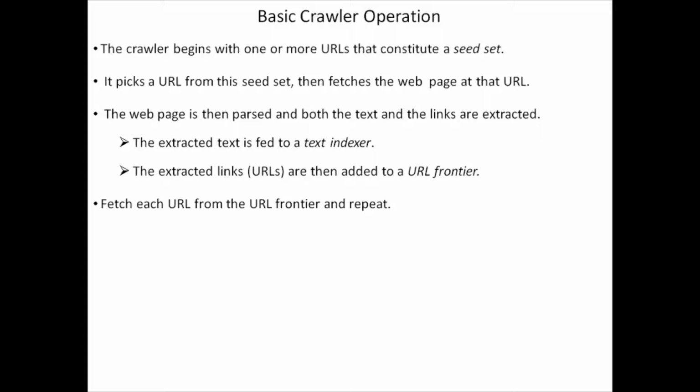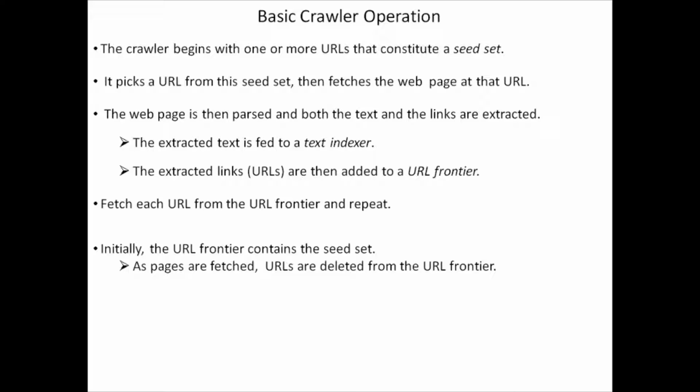When it is parsed, its text as well as the links will be extracted, the text part will be given to the text indexer, and the URLs will be added to the URL frontier. So this process is going to repeat. Initially the URL frontier will contain the seed set, and as pages are fetched, the URLs will be deleted from the URL frontier.